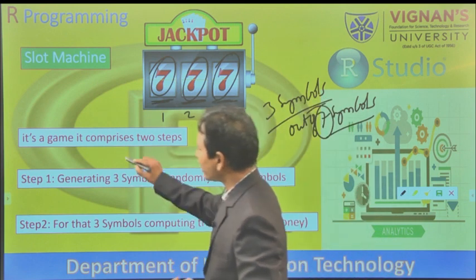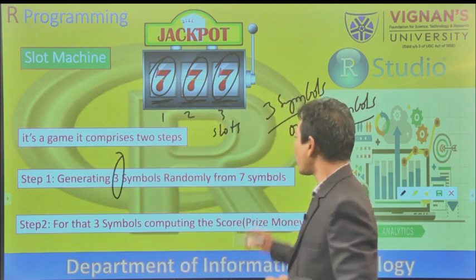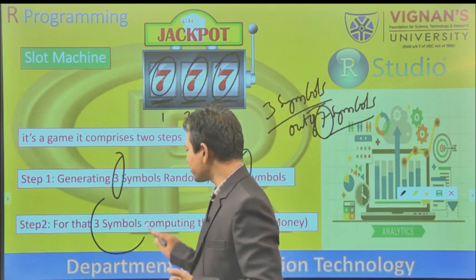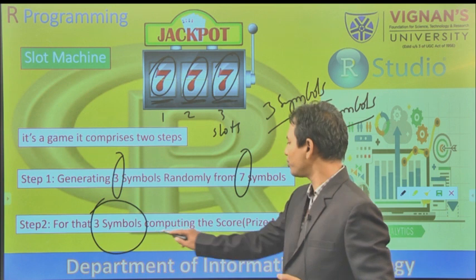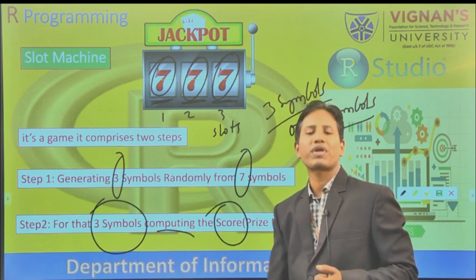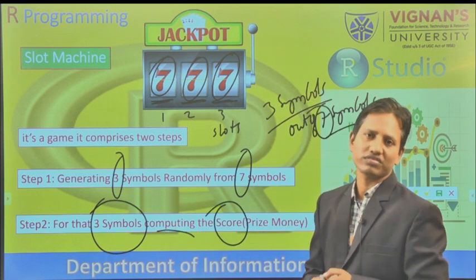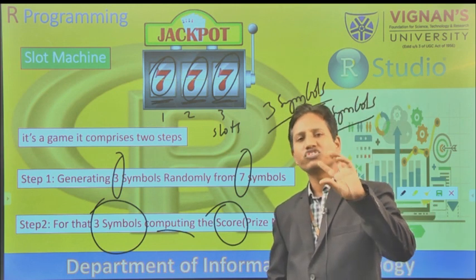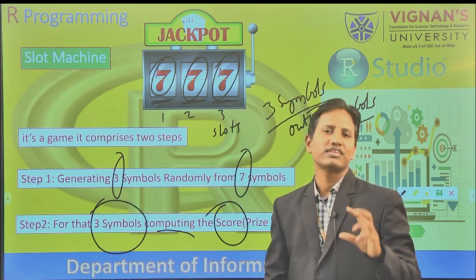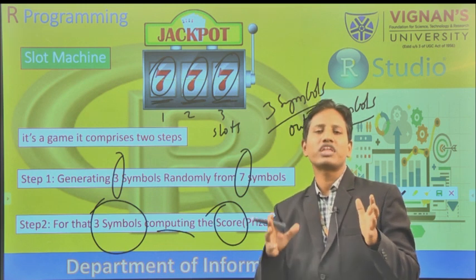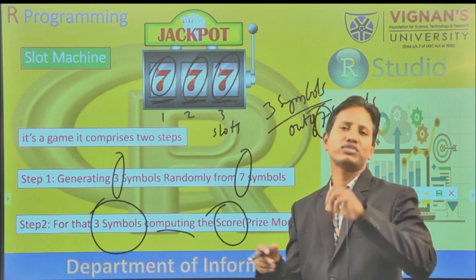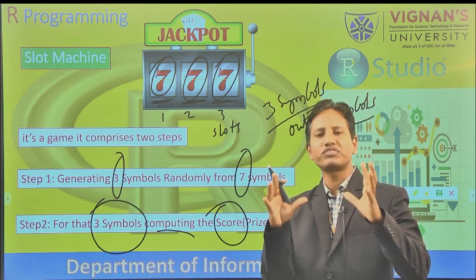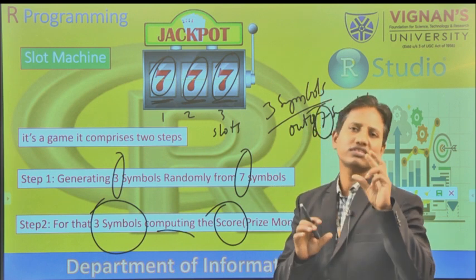One is generating 3 symbols out of 7 symbols, and once you have generated these 3 symbols, we have to compute the score, that's the prize money for those 3 symbols. So one step is generating the 3 symbols, and the second step is how much money we have to allocate for those 3 symbols. Broadly, this entire slot machine is going to be shown in these 2 steps.